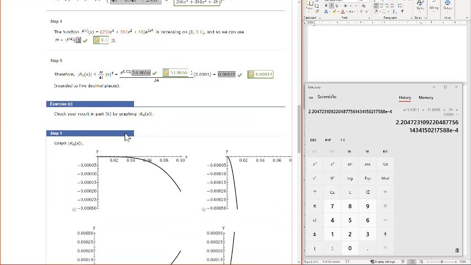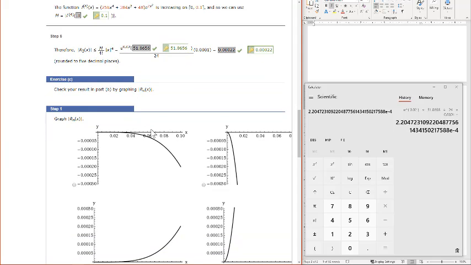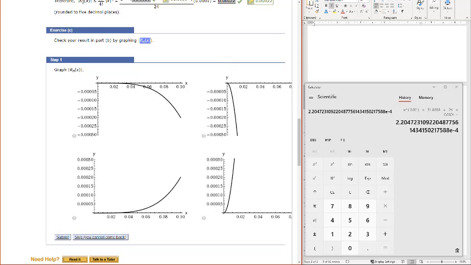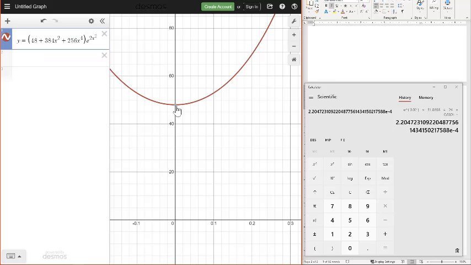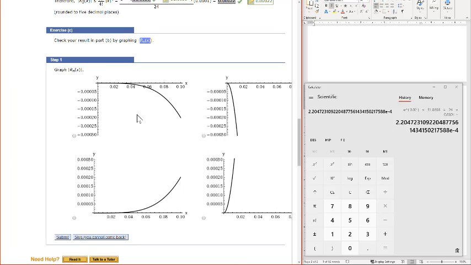For part C, check your result by graphing the R of n. So remember the R of n? Oh, I think we graphed it already. So it's a parabola-like thing. Now we just have to make sure we match up. Oh, except the R of n goes down low. So it's not going down, so we can eliminate the first two. So it's one of these two over here.